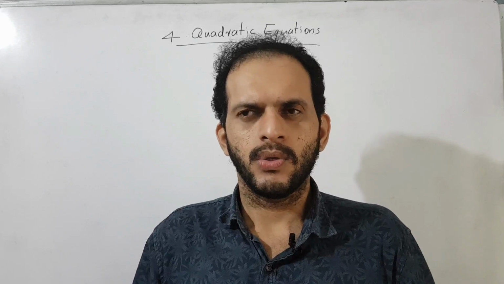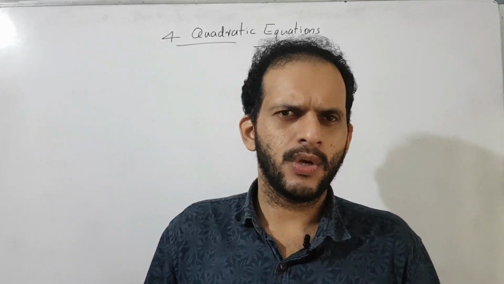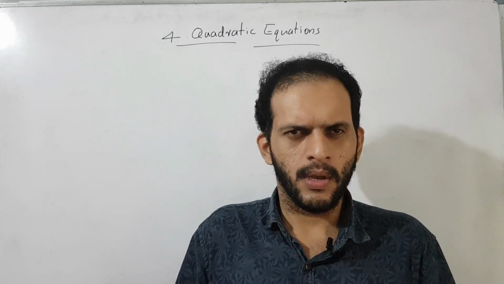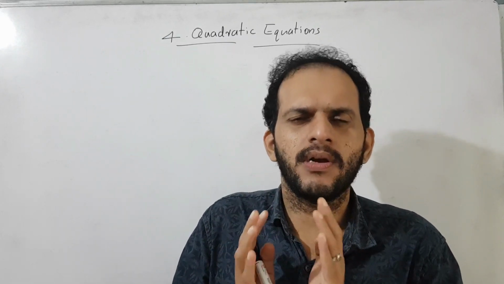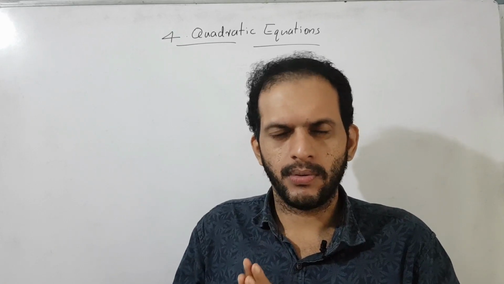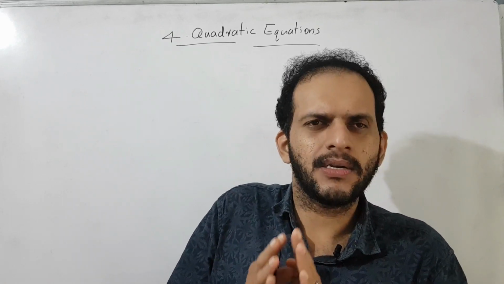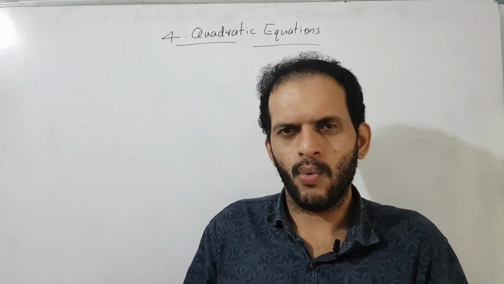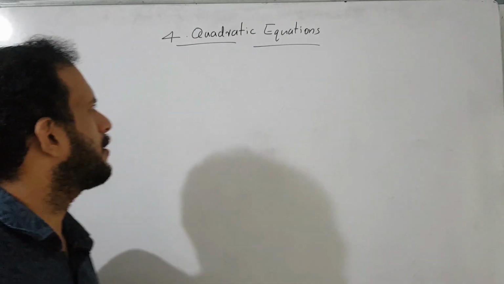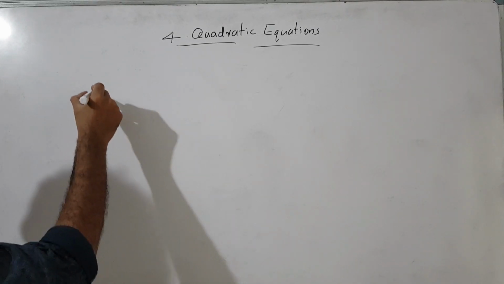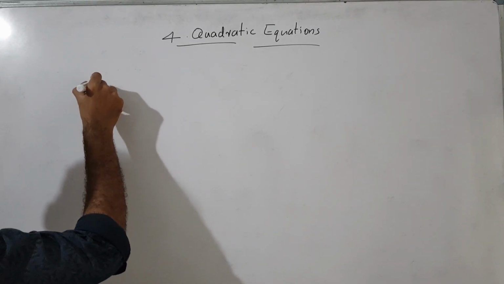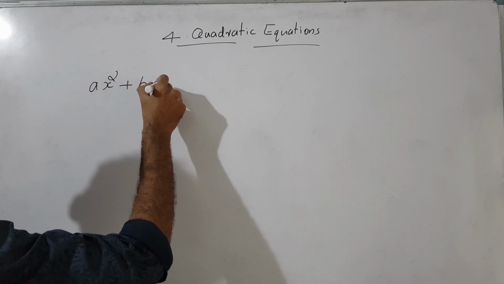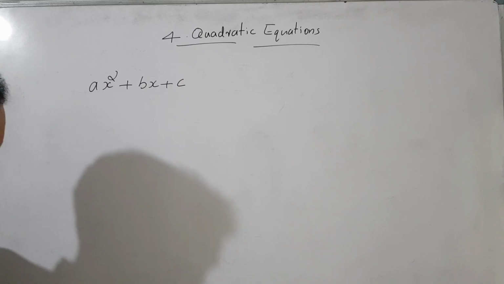Clear? So first, we know the idea of what we mean by a quadratic equation. Then what is the general form, the standard form of a quadratic equation? We know the standard form of a quadratic polynomial is ax square plus bx plus c, correct?